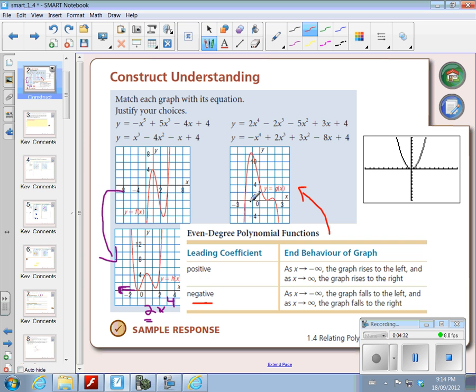So as x approaches negative infinity, if we look at small x values, what's happening to the function? It rises. Whoa, I'm looking at the wrong one. Sorry, right here. It falls to the left as x gets small, and as x gets big over here, it falls to the right. So it falls left and falls right for the negative lead coefficient.